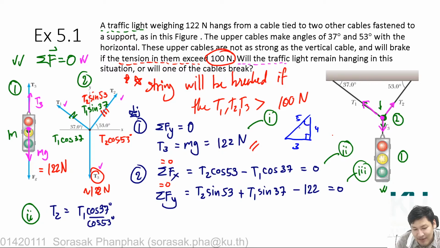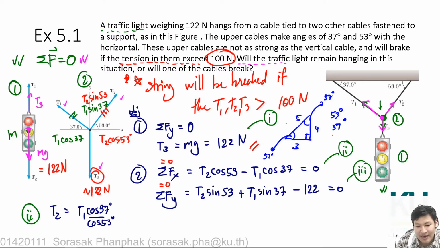These different angles are linked to the 53 and 37 degrees. So how can you link this information to the one below? This is your 37 degrees and this is your 53 degrees.